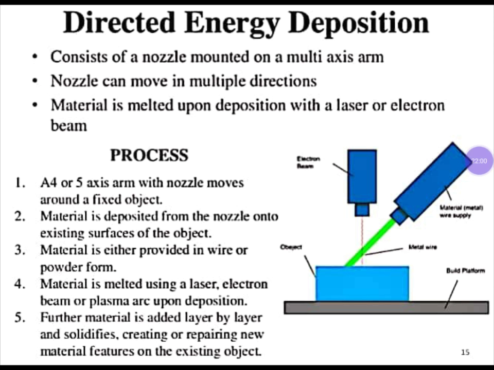These are some of the process by which we are going to manufacture the 3D object. So there are number of process which are involved in additive manufacturing. So in order to make the 3D object, the properties or the strength of these models might be different from each process.